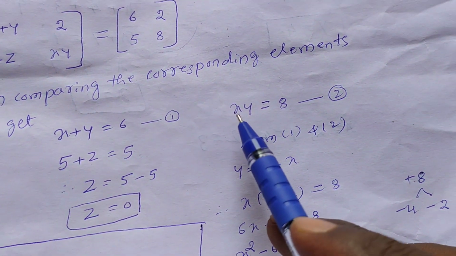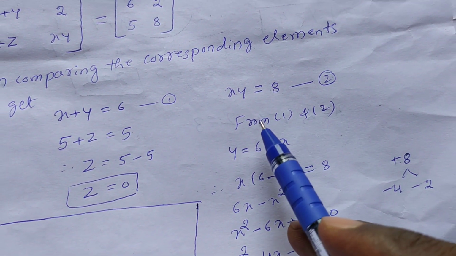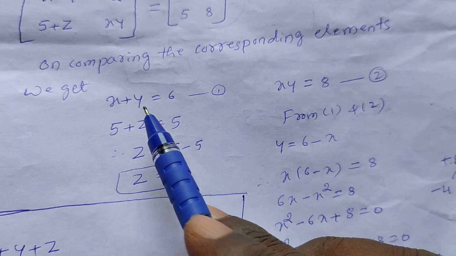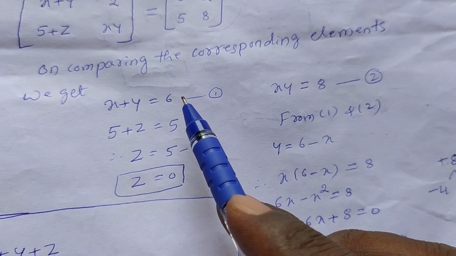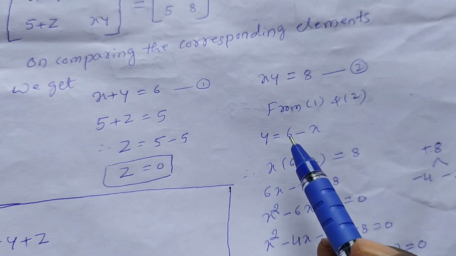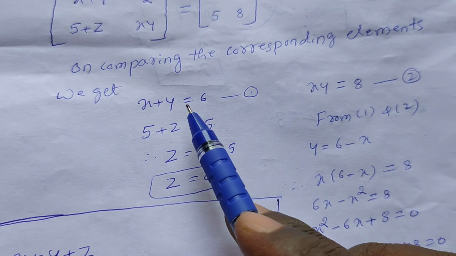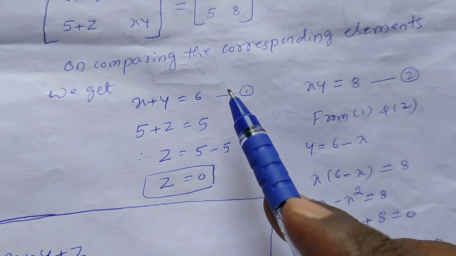We have xy is equal to 8, equation number 2. From equation 1 and 2, see here, x plus y is equal to 6. Transfer x to the right side, it becomes a minus, that is y is equal to 6 minus x. Or you can also transfer the y, that is x equals 6 minus y.